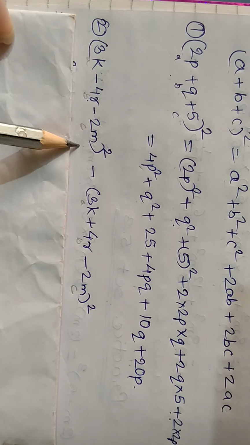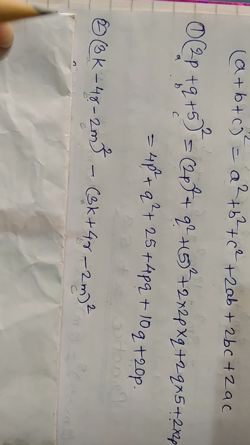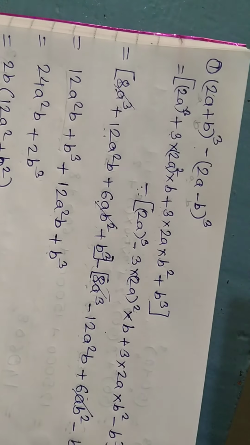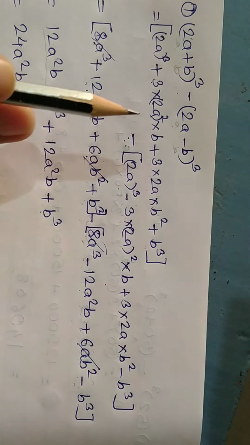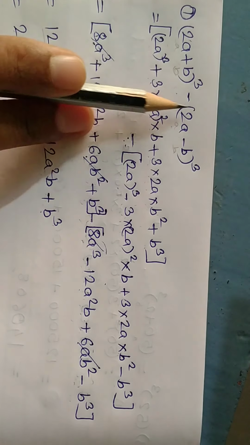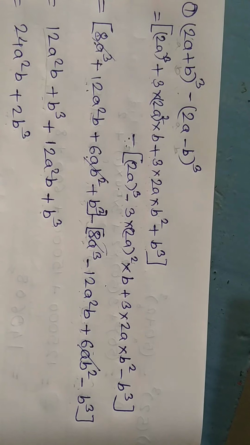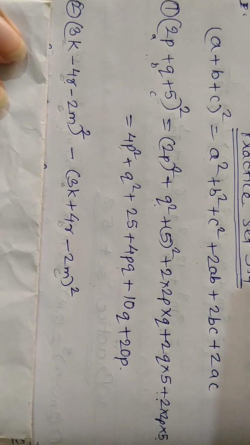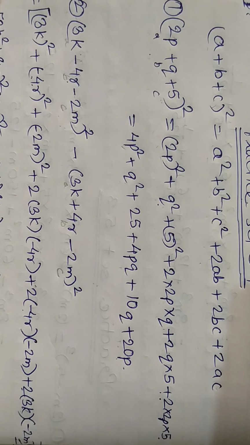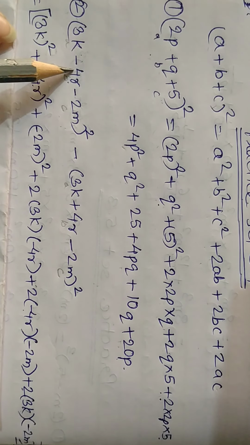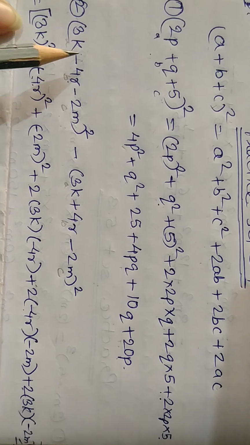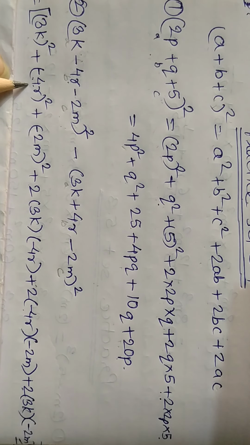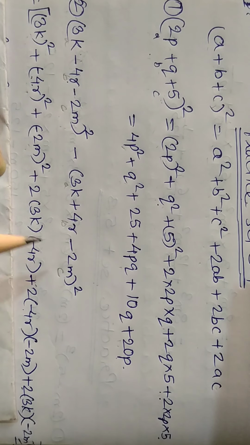But two brackets are there. How we have solved up here, see, in this (a + b)³ and (a − b)³, the same way here you have to solve using the formula (a + b + c)². Now see the step. See, the first bracket I have solved here: a² + b² + c², 3k², (−4r)² with the sign we have to take, (−2m)².